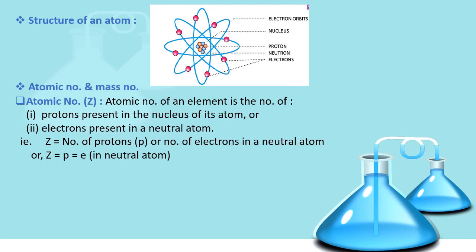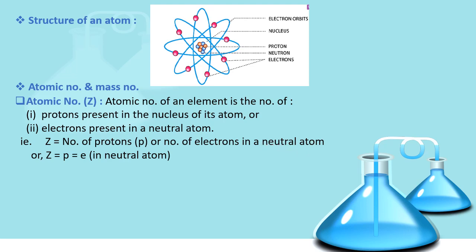Here it is written neutral atom because number of protons are same in atoms or the ions, but the number of electrons are different in atom or the ions. That's why it is written neutral atom.